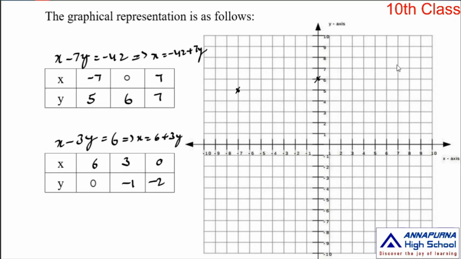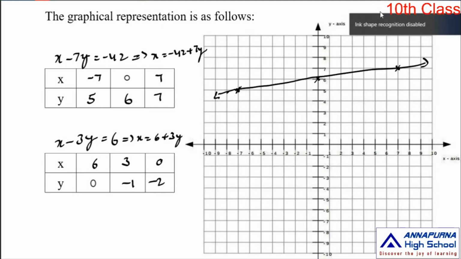Draw a line joining these three points. This line represents the first equation, x minus 7y is equal to minus 42.